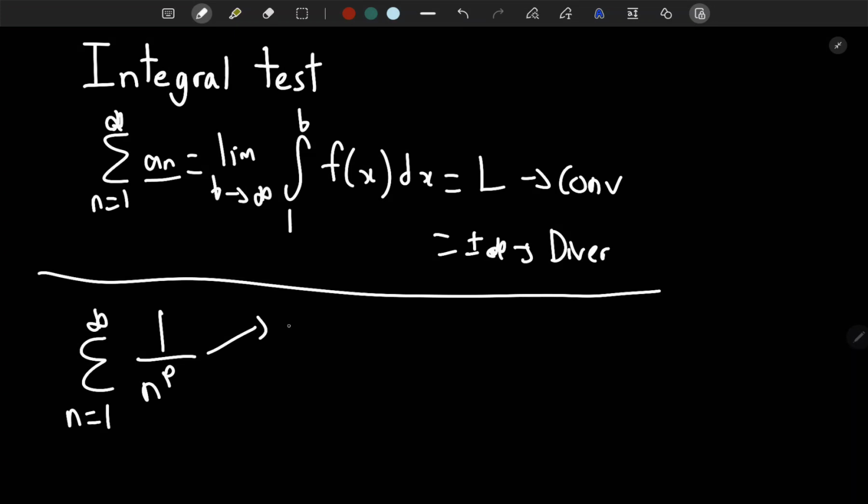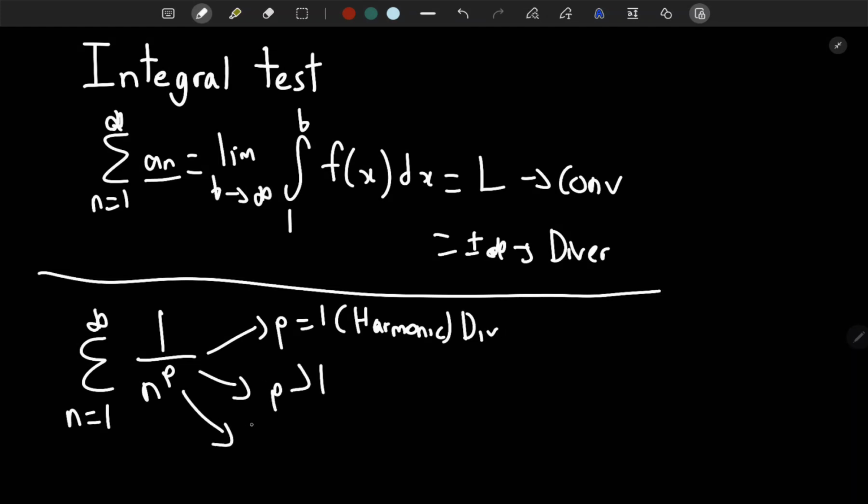The first case is p equal to 1, and we know from before that this is called harmonic, and this is diverging. The second case is p more than 1, and the third case is p less than 1. We will be looking at these two cases with the integral test, and this entire thing is called the p series.